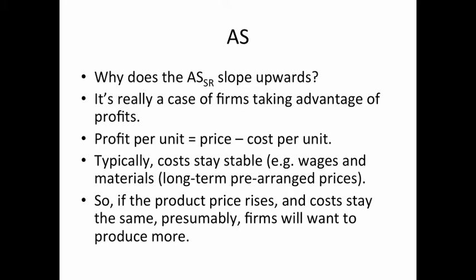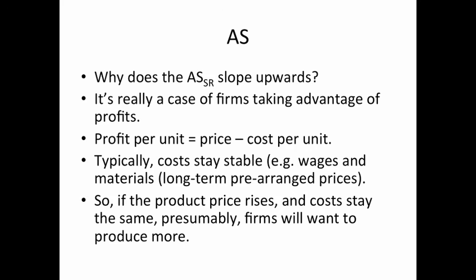And if per unit profits rise, we think the firm will want to produce more. We should see an increase in the aggregate supply. Conversely, if prices are falling, again, those are output prices, yet the cost of producing the good stay the same, then profit per unit will be going down, so firms will reduce their production levels.